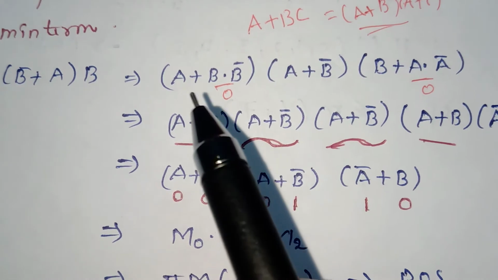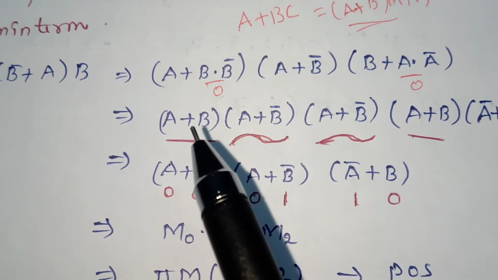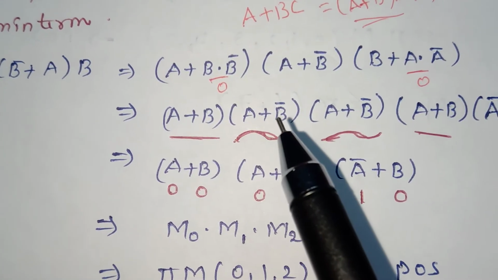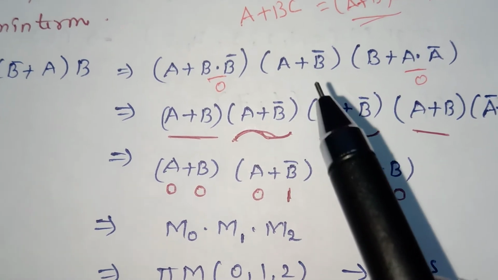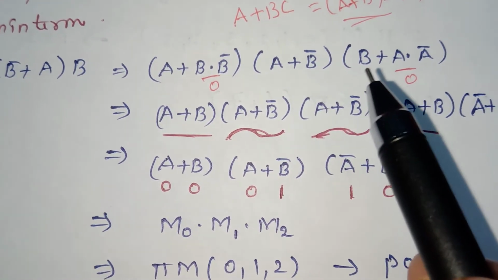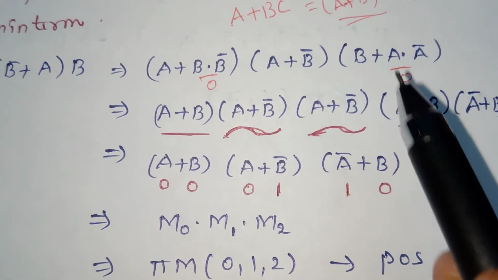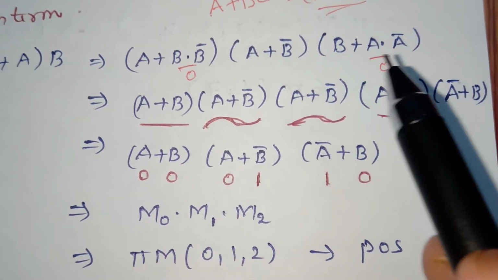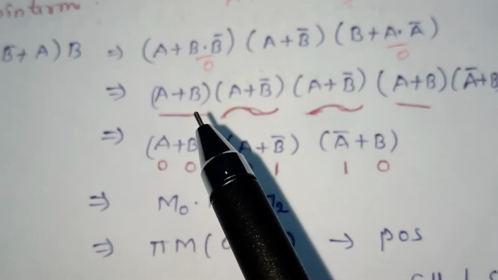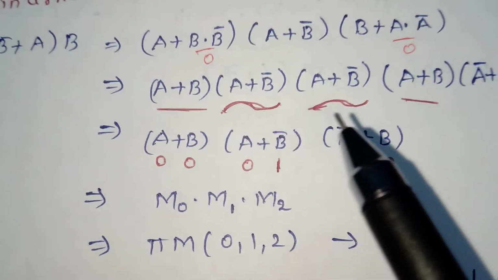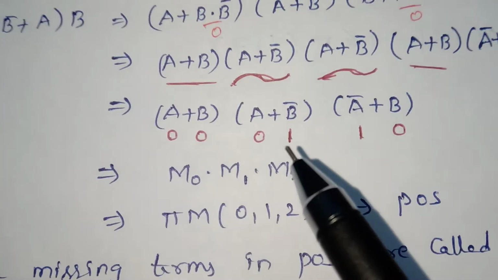Now if you observe that a plus bc, a plus b into a plus c, then this term contains two variables. Here also a plus bc, a plus b into a plus c. Then once again there are two common terms here, therefore I have taken only one time. Why? Because a into a is equal to a.